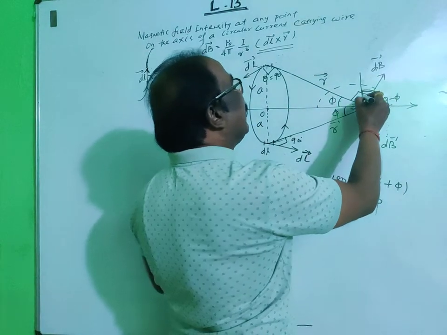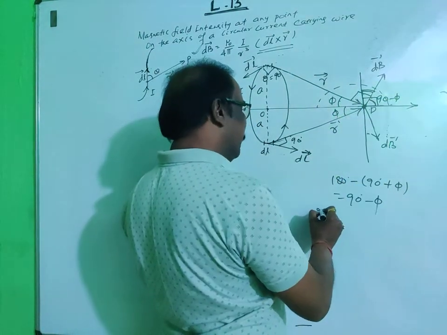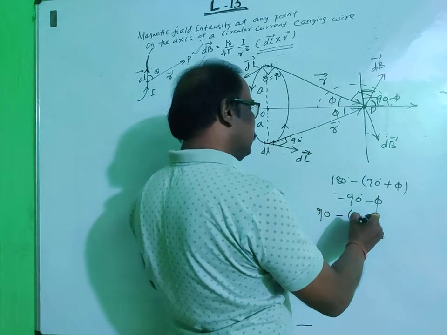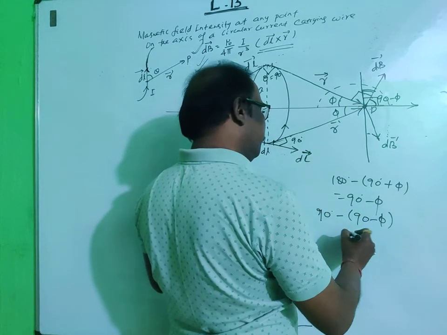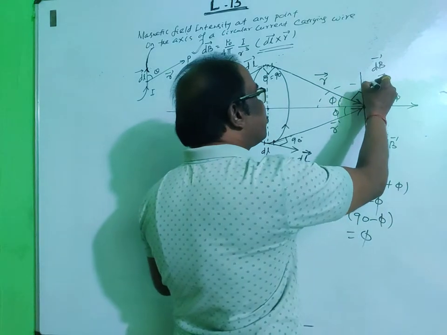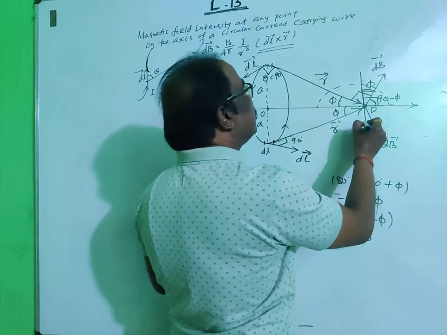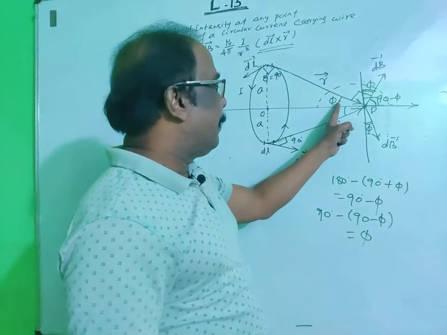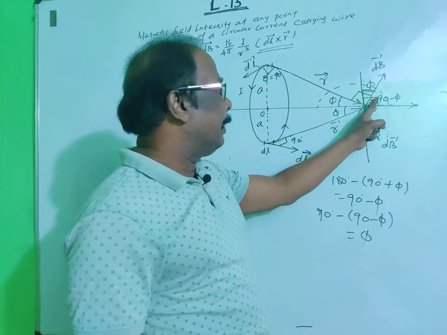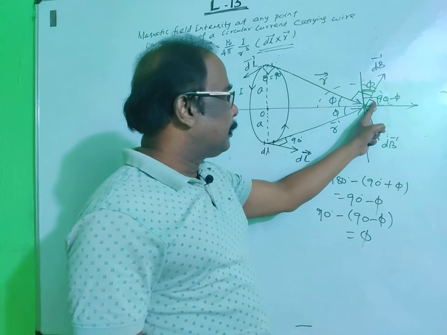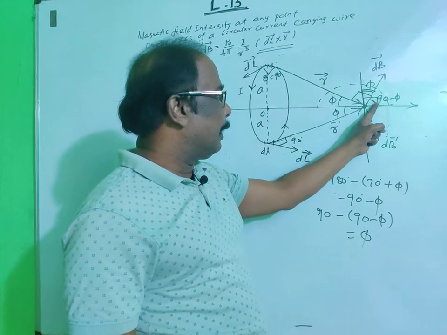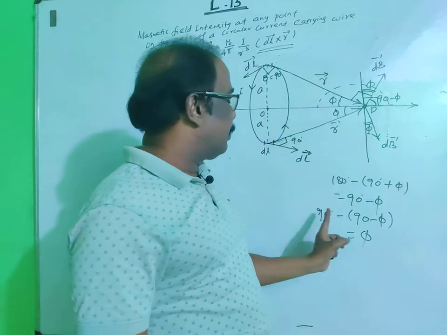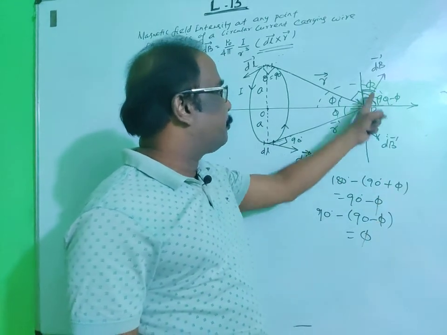The total angle is 90 degrees, so 90 minus (90 minus phi) comes to phi. So this angle is phi. Similarly, this angle is also phi. Is it clear? This angle phi, this angle 90, so the rest is 90 minus phi. This total angle is 90, so 90 minus (90 minus phi) is phi.